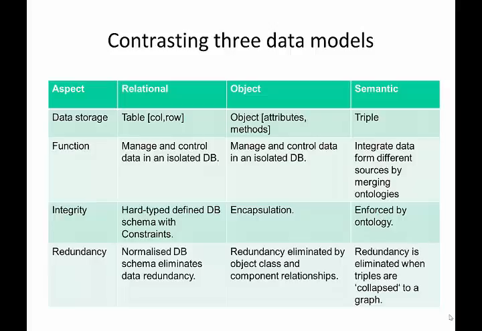Therefore, if the methods are well defined, you can only interact with the object in a sensible way. In the semantic model, integrity is enforced by the ontology that's built to describe the semantic relationships between the data objects.